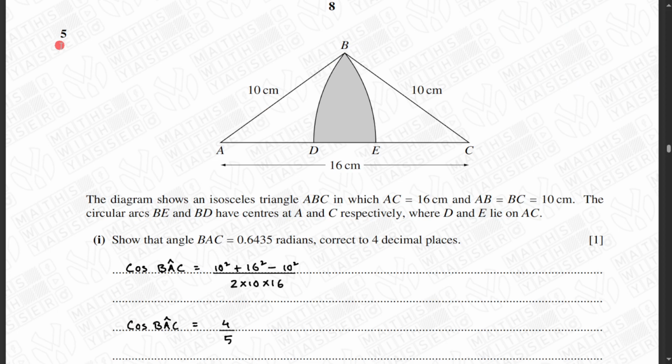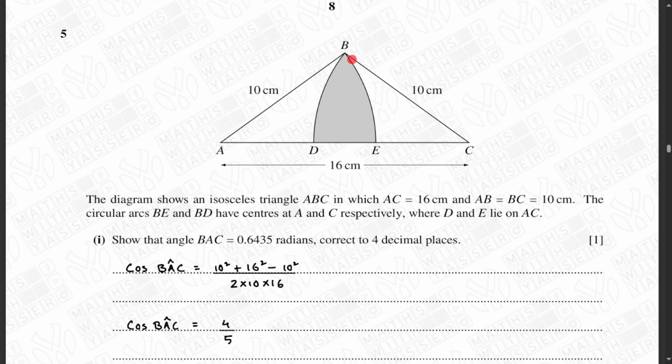Question number 5. It says, the diagram shows an isosceles triangle ABC in which AC is equal to 16 and AB is equal to BC is equal to 10. The circular arcs BE and BD have centers A and C respectively.